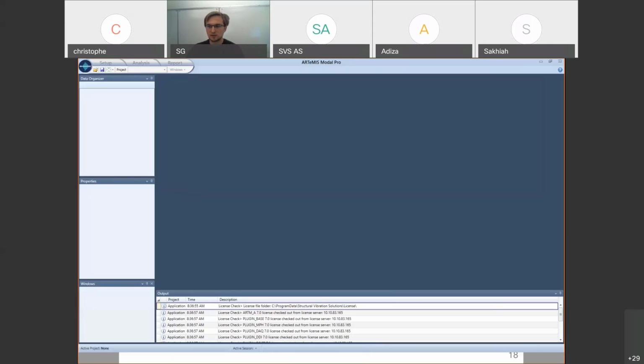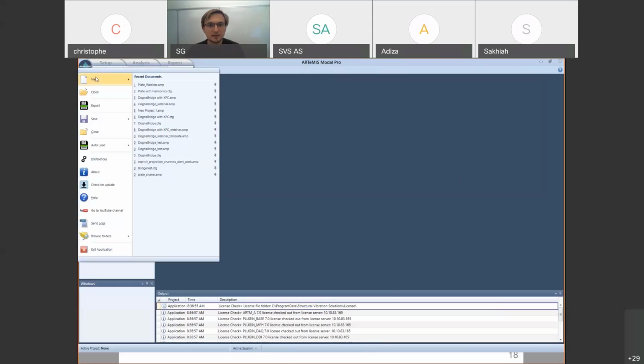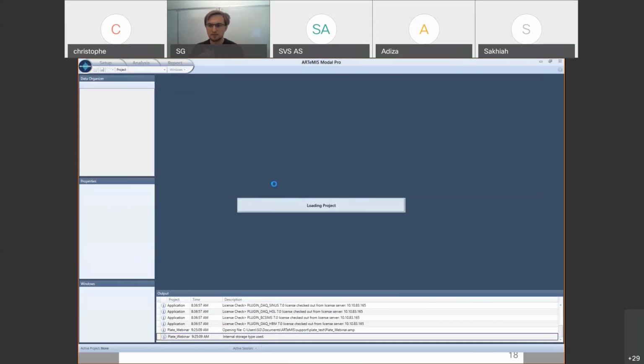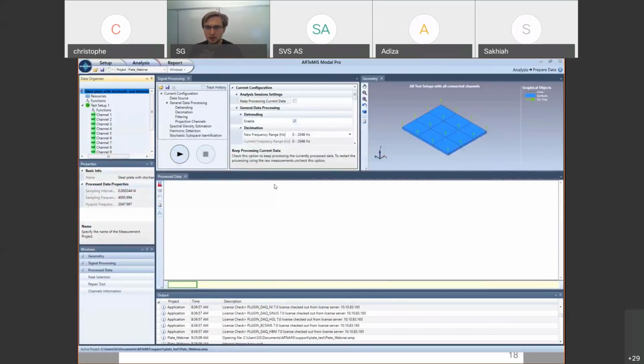So yes, let's see how it looks in ARTeMIS. So I'll just open ARTeMIS. Here it is, and I will show that on a fairly simple example of a plate that is tested in the laboratory, and maybe in general some introduction to ARTeMIS Modal.